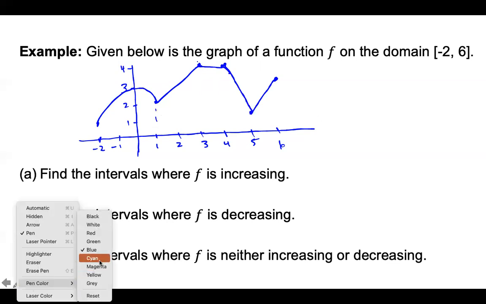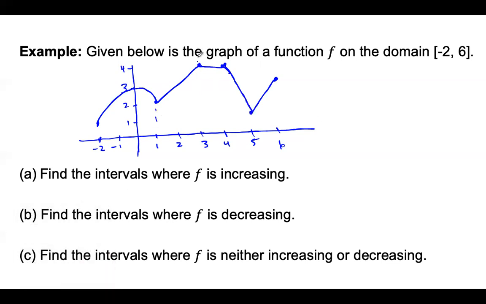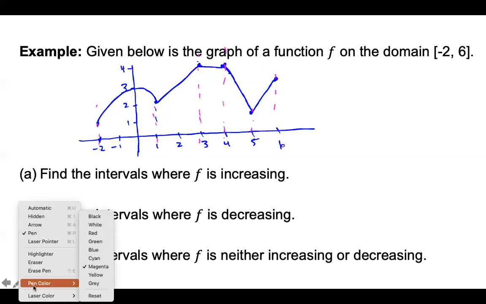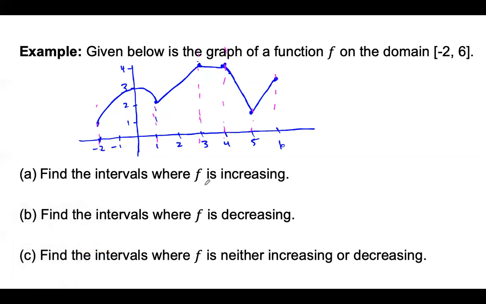We can try to find the intervals where the function is increasing and decreasing, etc. I like to section it off just so I can see it a little bit clearer with these dotted lines. So what is the interval where this function is increasing? What are those x values essentially?